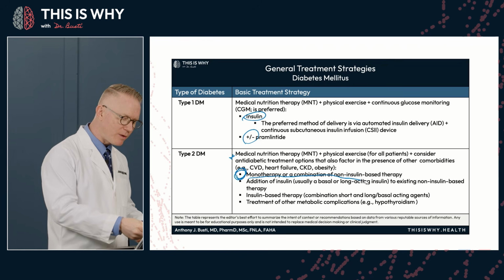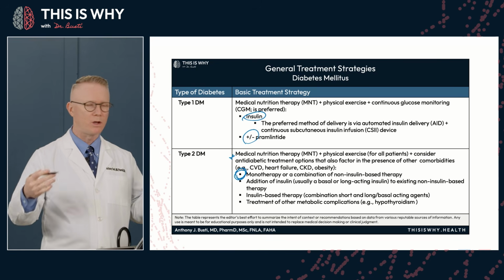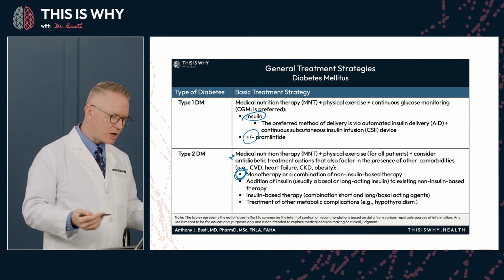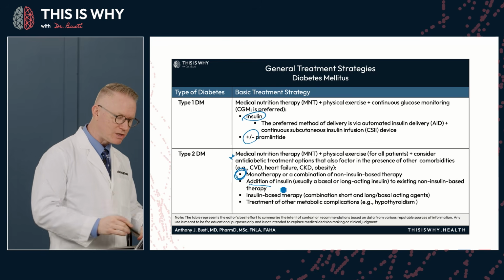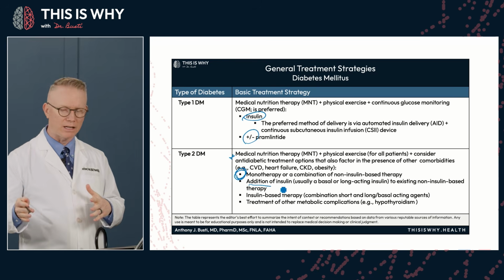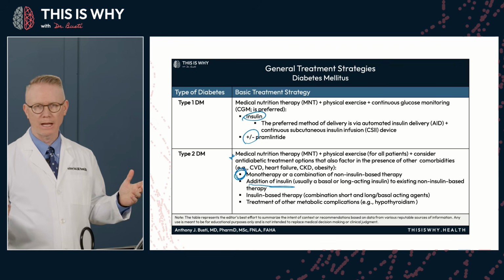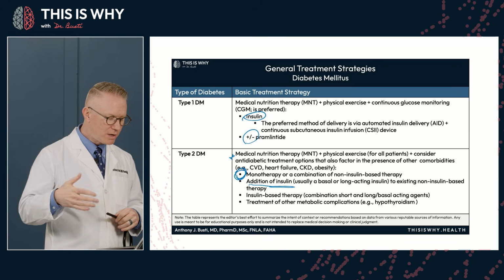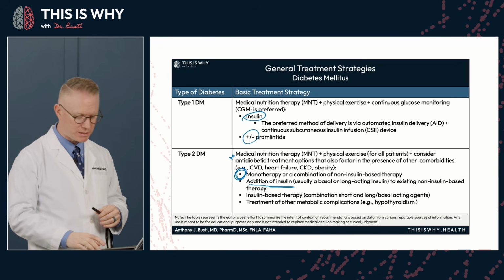And that's a problem when we have type 2 diabetes, because they already have insulin resistance and metabolic syndrome risk. We don't need to worsen that. But when those fail, then you're moving to the addition of insulin, whether that's a basal long-acting or an addition to existing non-insulin-based therapy, right?